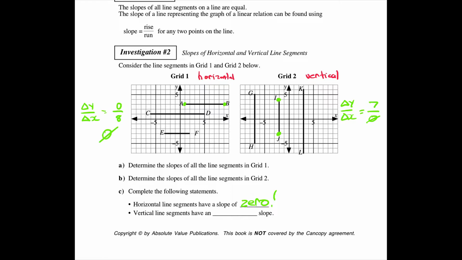And you know through mathematical theory that we cannot divide any number by 0. So in this case, this is not possible. If you tried to punch this into the calculator, it's going to bring up some type of an error. So what we say in mathematics is that the slope is undefined.